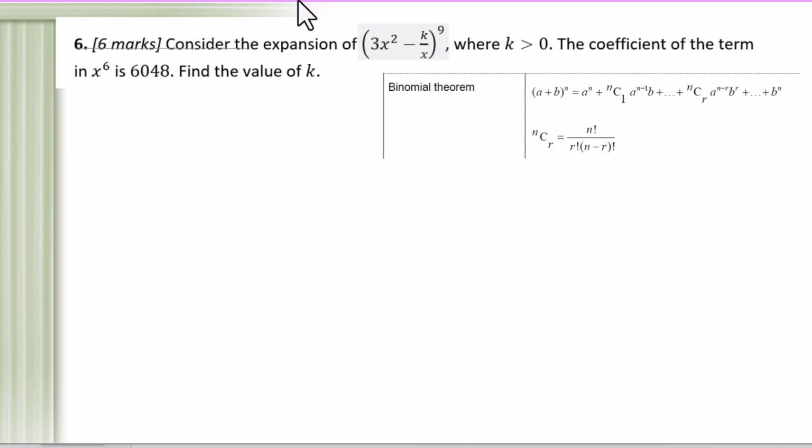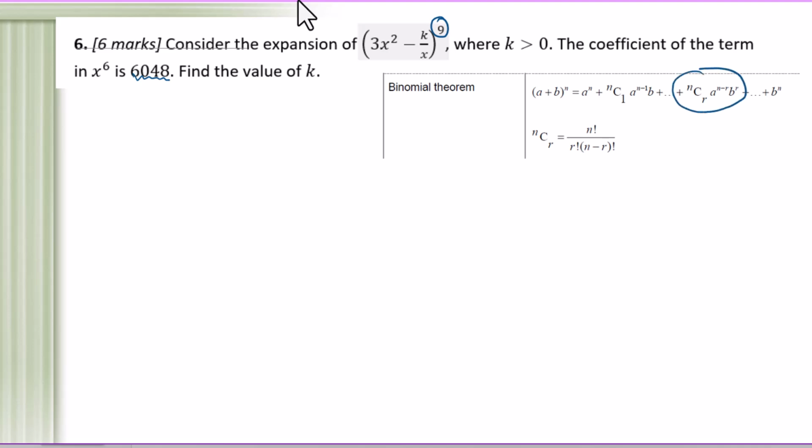Consider the expansion (3x squared minus k over x) to the 9th power, where k is greater than 0. The coefficient of the term x to the 6th power is 6048. Find the value of k. Since n is a positive integer, we will use the binomial theorem.